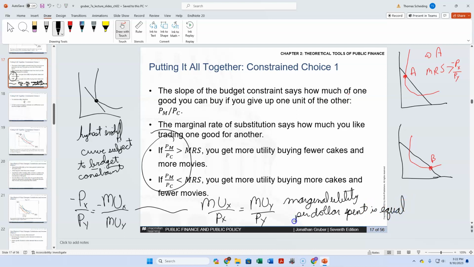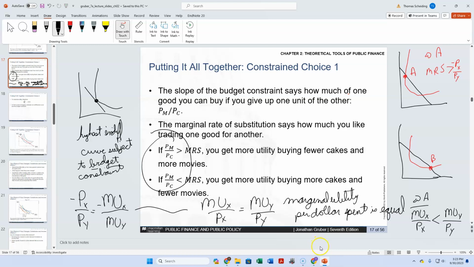When it's not, such as right here at A, what we would say is that MUX over PX is less than MUY over PY.